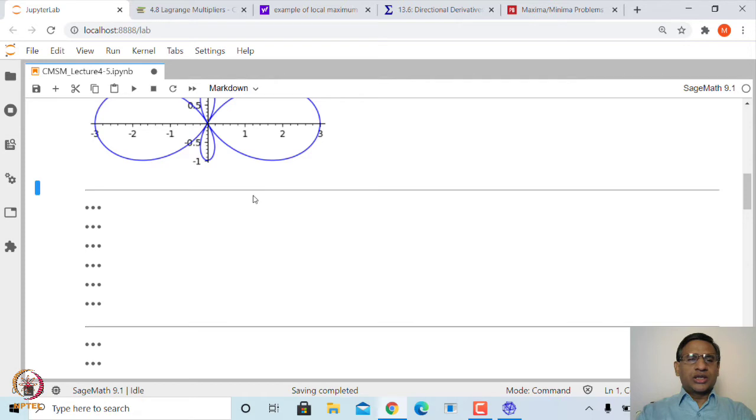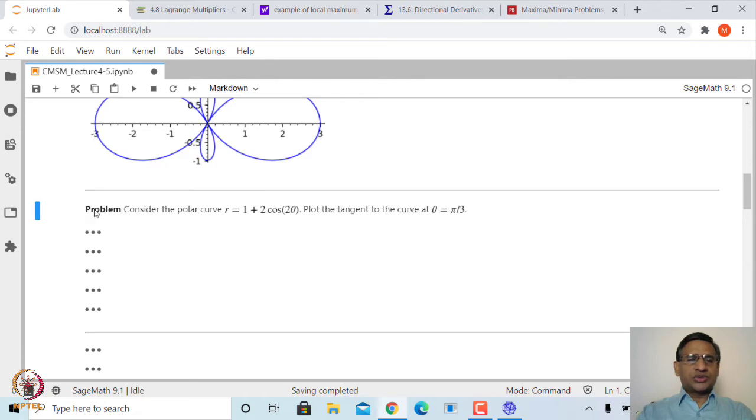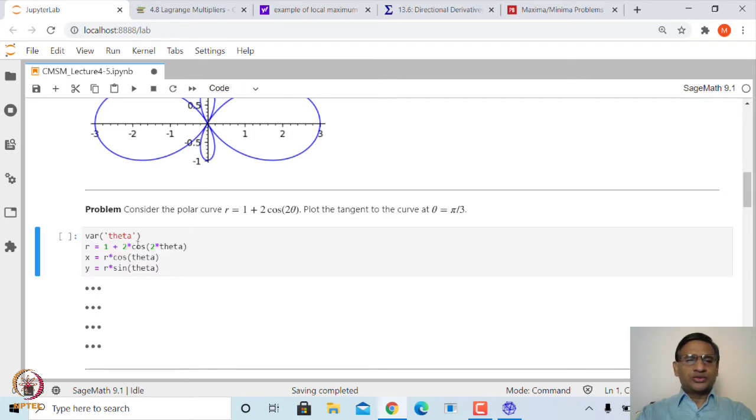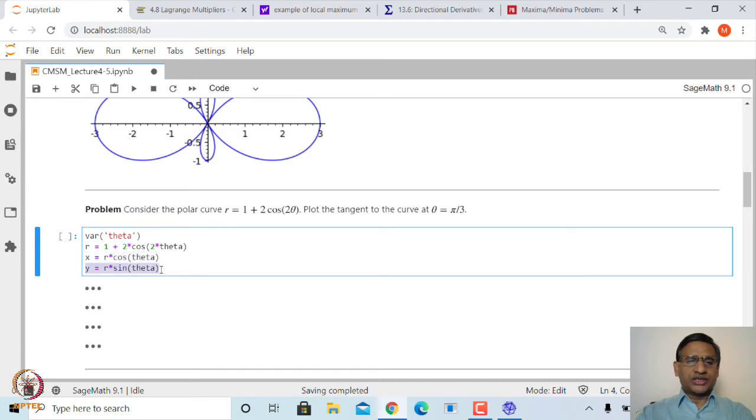Next, let us look at how to plot tangent to a curve 1 plus 2 cos 2 theta at theta equal to pi by 3. So, what can we do? We have r is equal to f theta, and we know that in polar coordinate we have x is equal to r cos theta and y is equal to r sin theta.